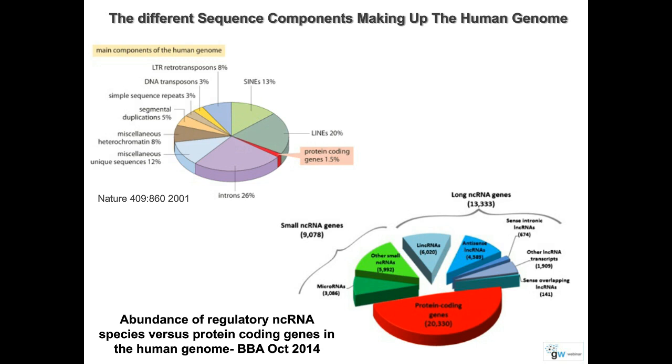The rest of the sequences, we thought, were junk until the human genome sequencing project was completed, because we did not attribute any functions to those sequences, and therefore they were called junk. But once the whole genome sequencing project was completed, we were able to discover several types of long non-coding RNAs, which constitute a majority of the human genome.